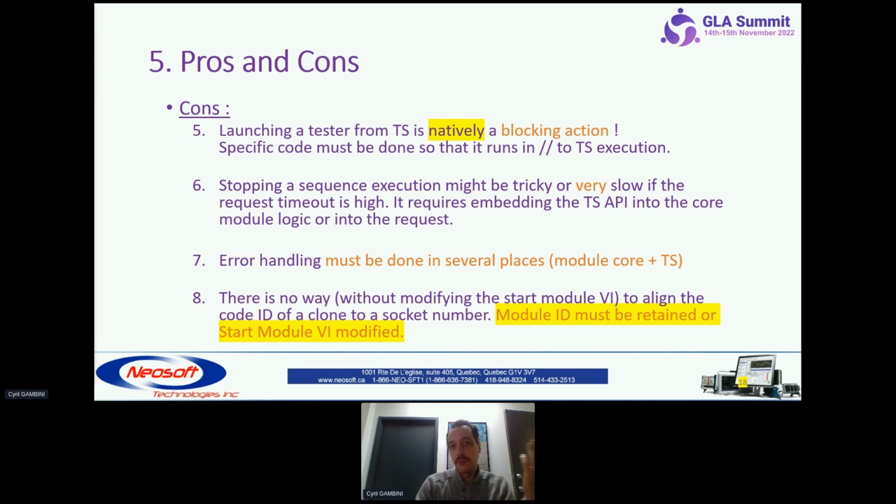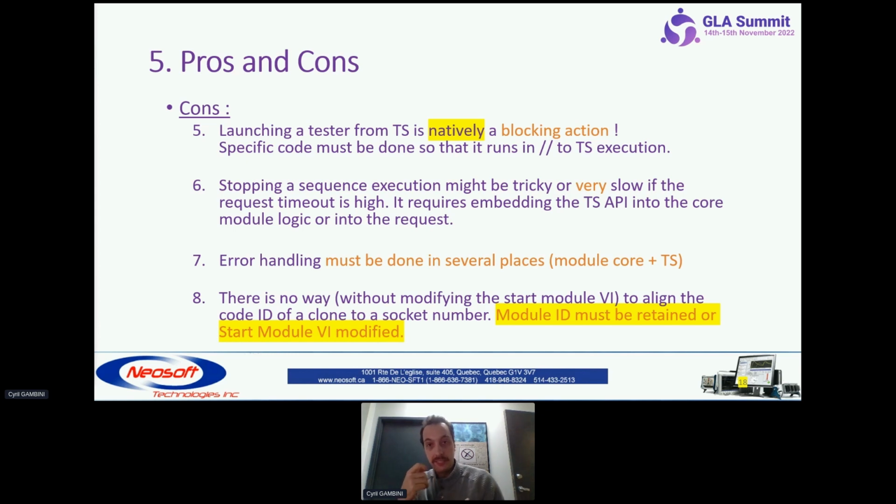In the same way I was speaking earlier, if you need to monitor the sequence execution and the main module is doing something, you've got an action which is performed and which is very slow in the MHL. For example, you've launched an acquisition, that acquisition is 30 seconds long, and you need to stop the sequence right now. Actually your request and reply will wait for the reply and won't get the notifier answer until those 30 seconds are over.